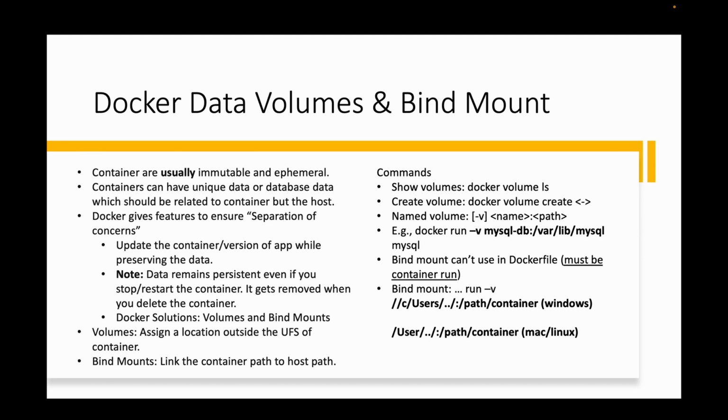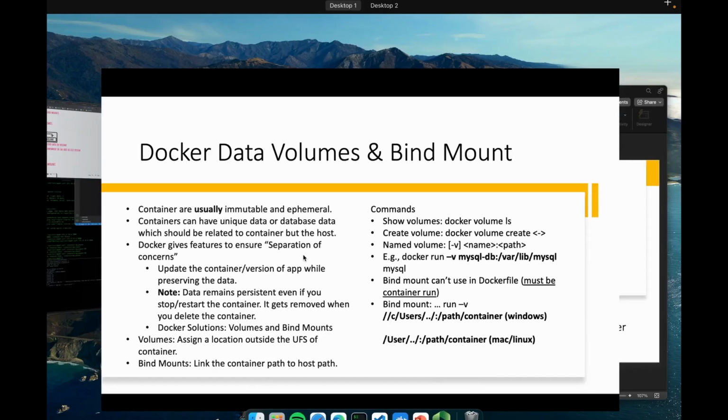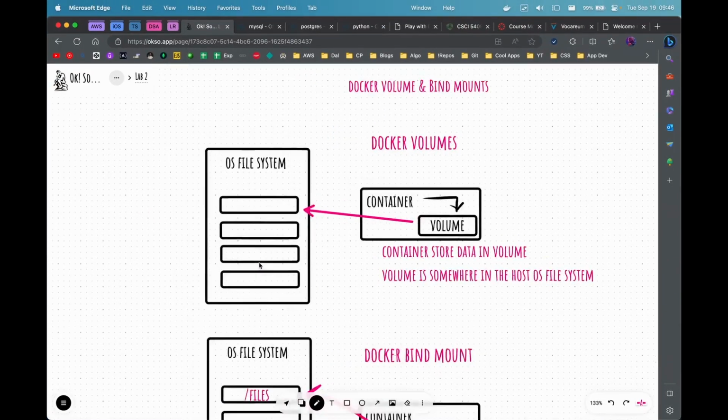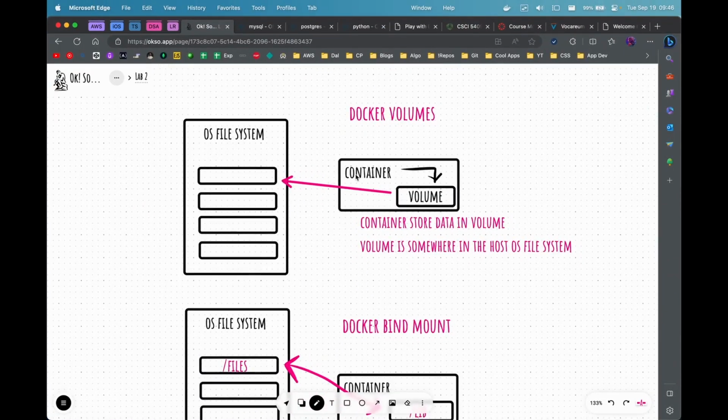So Docker volumes are, let me show you using this. Let's say there is a MySQL container, and when I create a MySQL container, I also create a volume, which is a small part here, referencing my host OS system.